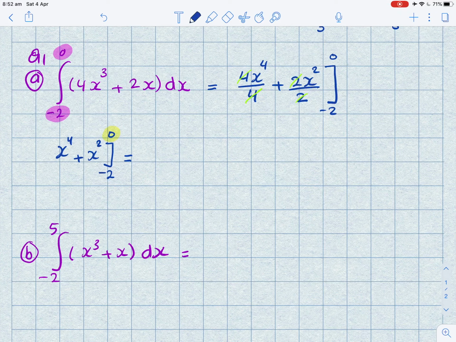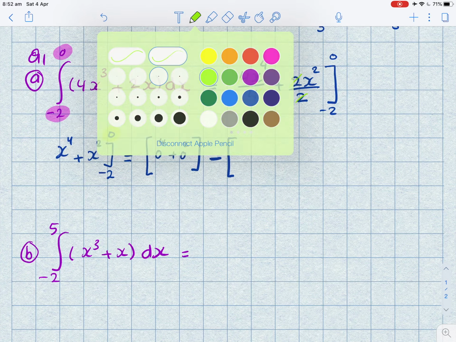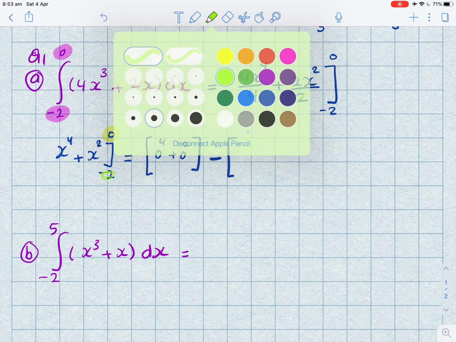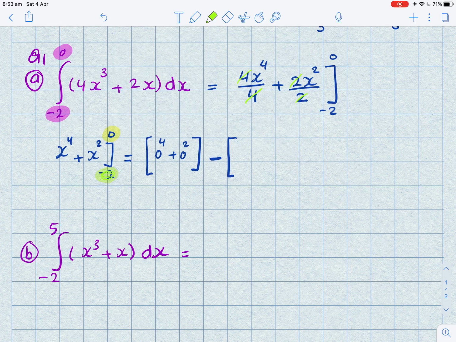So first, instead of x I will put 0, so 0 to the power 4 plus 0 to the power 2. I have finished replacing x by the upper limit, which is 0, and now I will do minus, and then substitute the value of the lower limit, which is minus 2.